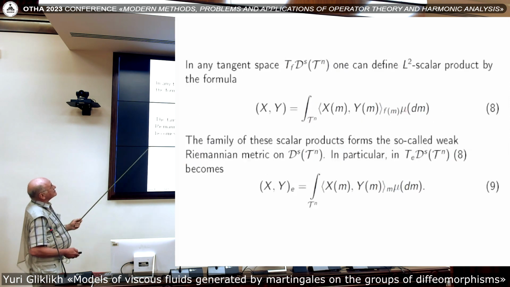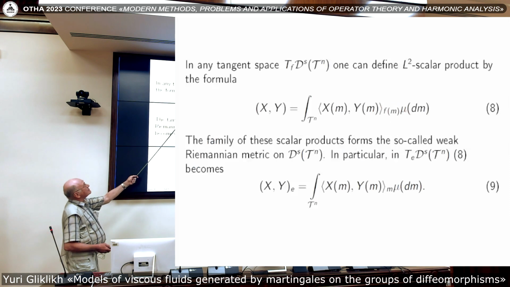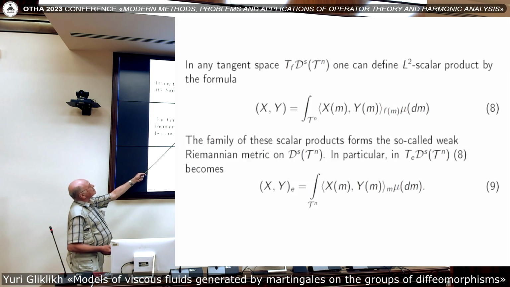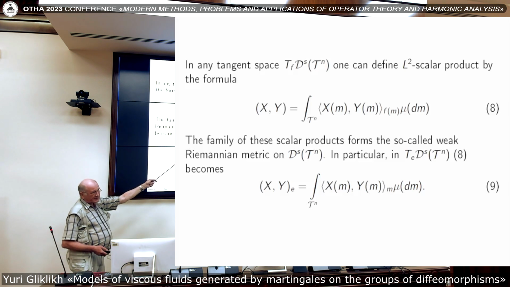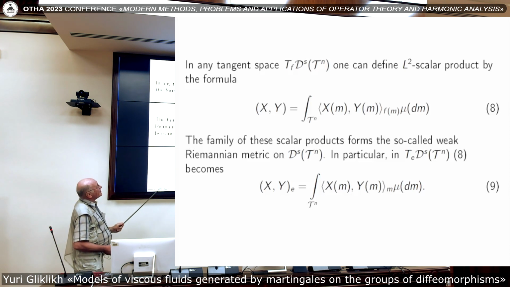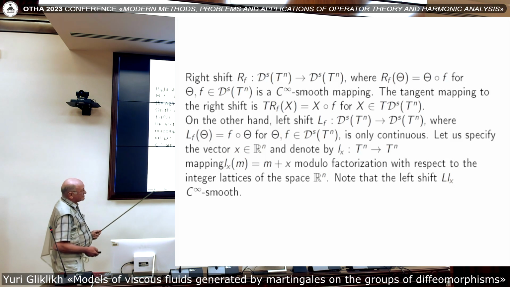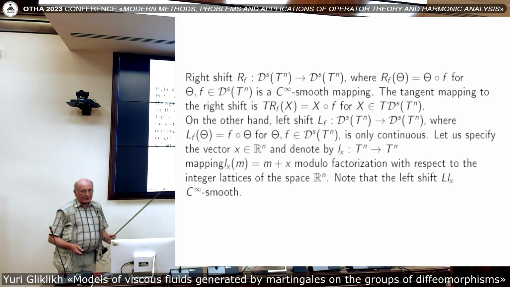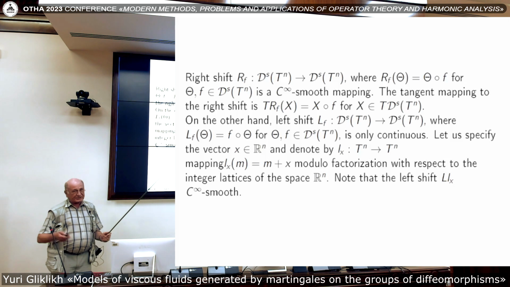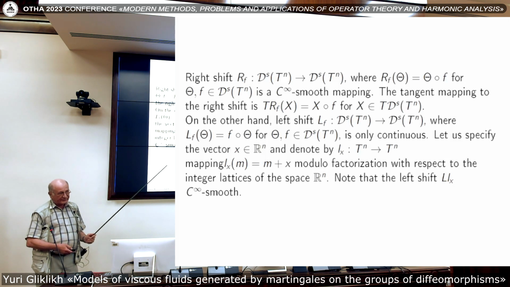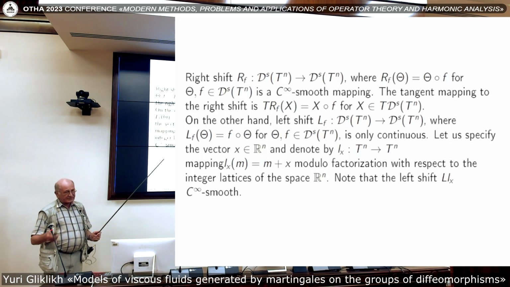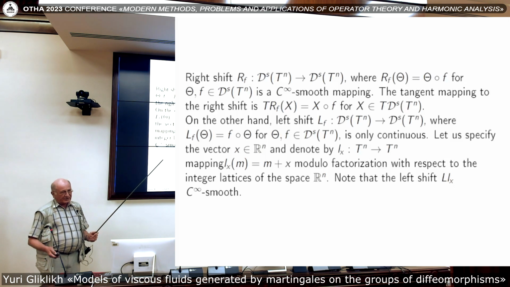This is the scalar product in tangent spaces. It's a so-called weak Riemannian metric. And since it's a group, we can consider right invariant and left invariant vector fields. Right shift is smooth, and left shift, unfortunately, is only continuous.